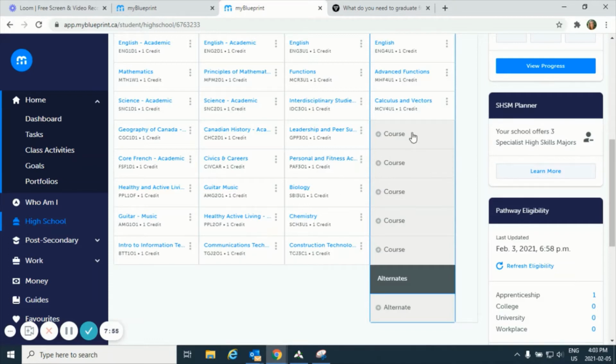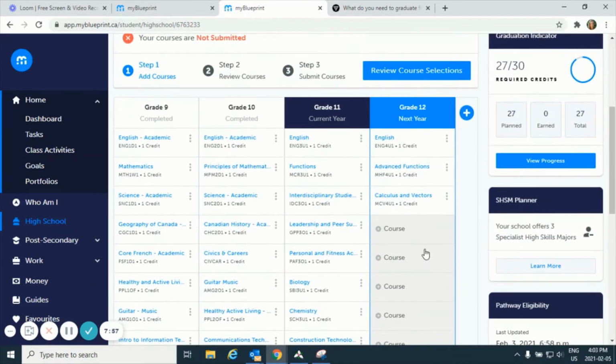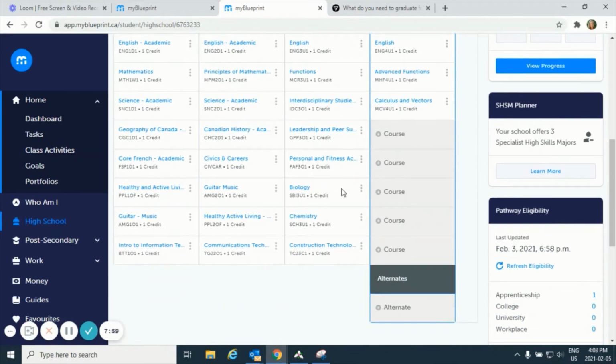So I'm going to choose my courses for grade 12 based on some of the things that I'm studying in grade 11. I'm considering a program in the health or sciences related field, but I also want to keep my options open, maybe for humanities and social sciences. I'm going to choose a variety of courses to keep all my options open.